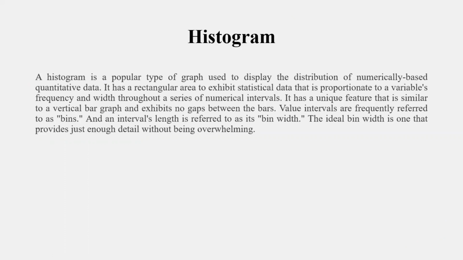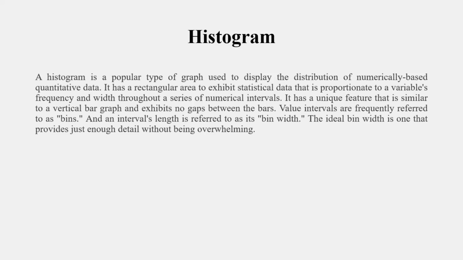What is actually a histogram? A histogram is a popular type of graph used to display the distribution of numerically based quantitative data. It has a rectangular area to exhibit statistical data that is proportionate to a variable's frequency and width throughout a series of numerical intervals.